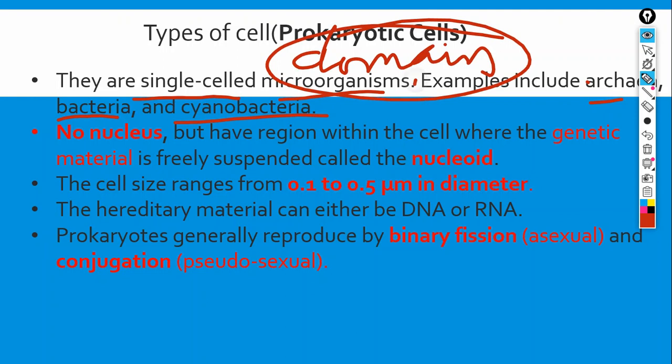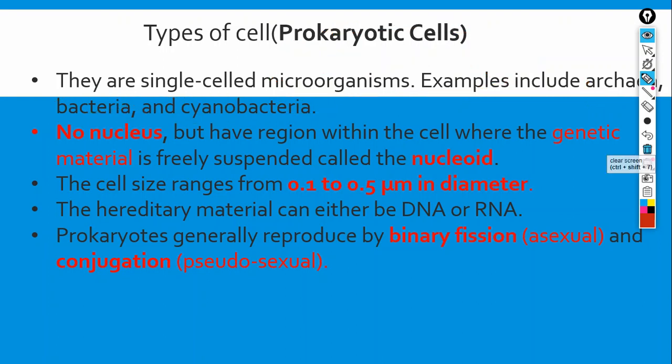There are two other domains that are derived from it: the archaea and the bacteria. Is that okay? Archaea and the bacteria. So these are separate domains. Then domains are grouped into kingdoms. That is the hierarchy of classification.